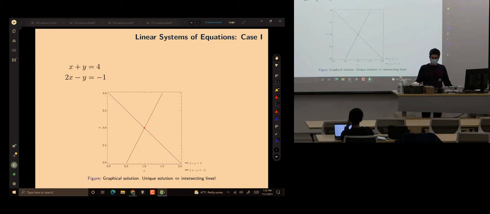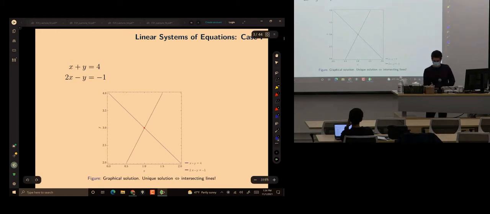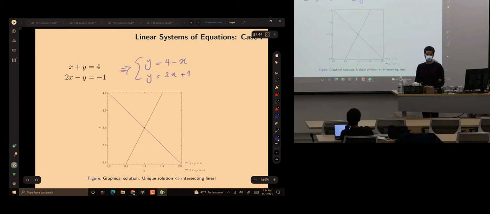So case one, we have a unique solution. You can plot two lines. Basically, we have y equals 4 minus x, and y equals 2x plus 1. Each equation is giving you a line.